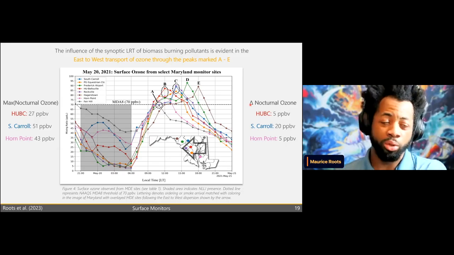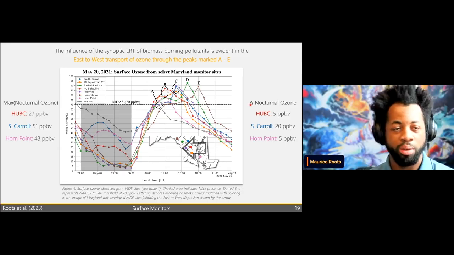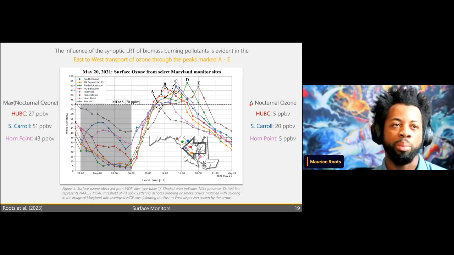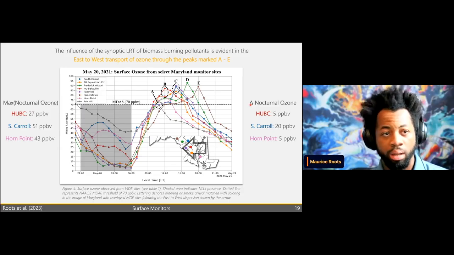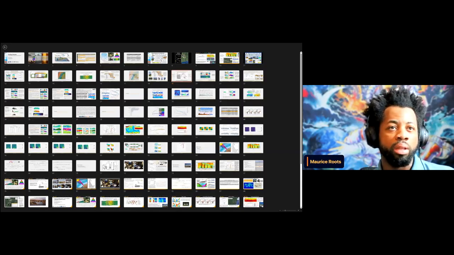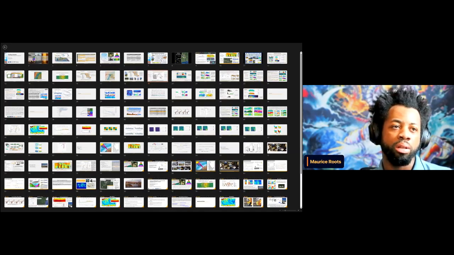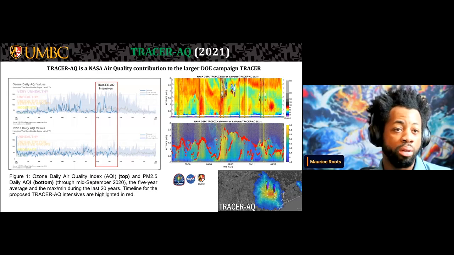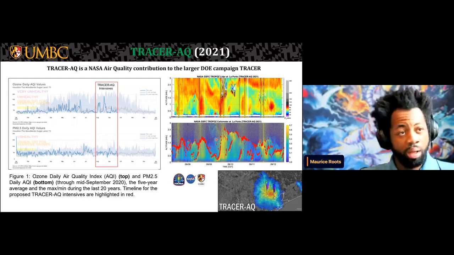We're still trying to learn a few things about it specifically, in terms of the PBL height, getting at a direct relationship between PBL height and aerosol loading above.